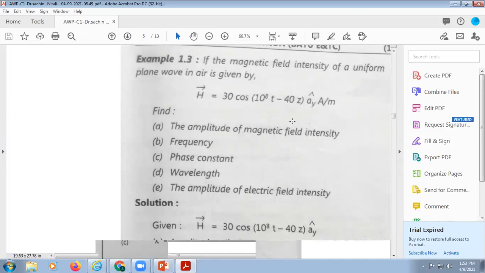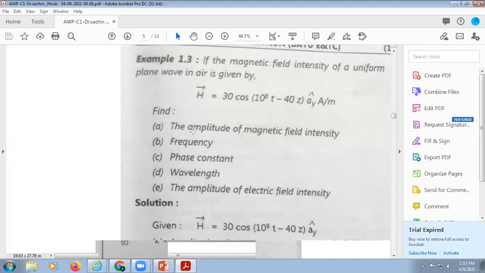So if you compare this equation with H is equal to H0 cos of (omega t plus or minus beta z) ampere per meter, we can find the electric field as well as the magnetic field along with the frequency and the phase constant.